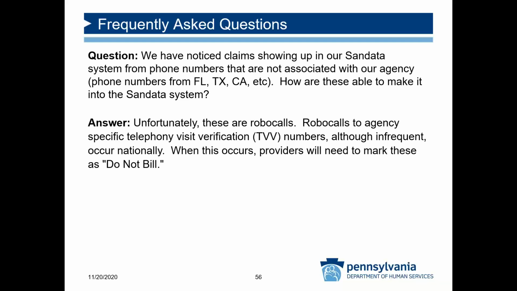Anyone with a cell phone is aware of the high volume of robocalls on a daily basis. Robocalls to agency-specific telephony visit verification numbers, although they are infrequent, do occur nationally. When this occurs, providers will need to mark these as do not bill. Next slide, please.